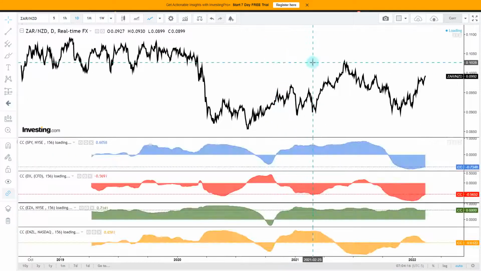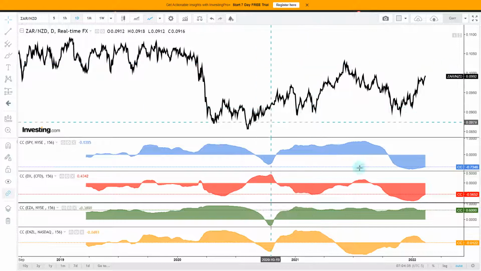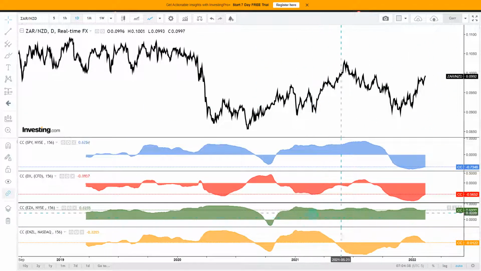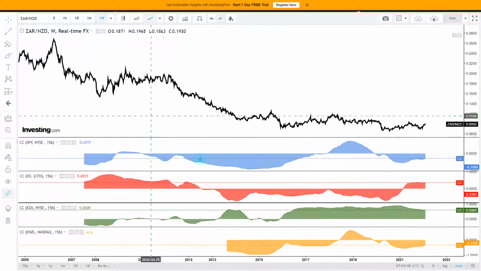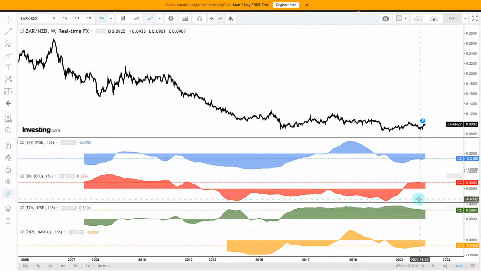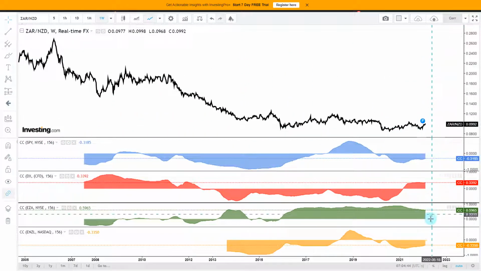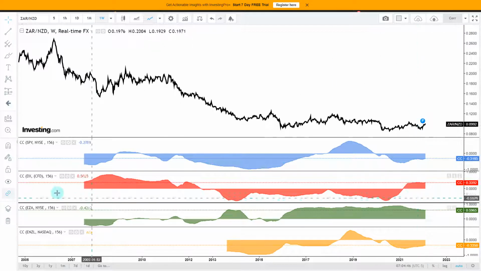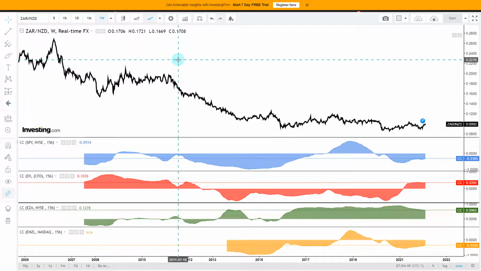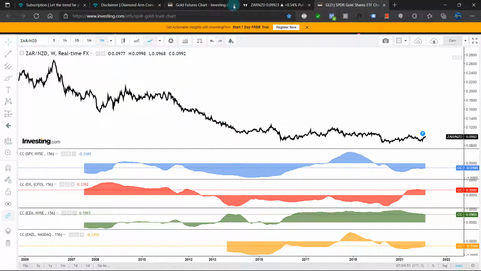Daily data points: minus 73% SPY, minus 57% dollar index, then 60% positive with EZA, and then minus 1% with New Zealand. So looking both short-term and long-term, it is pretty clear that the strongest correlation we get here is with this EZA, which is the South Africa stock market ETF.